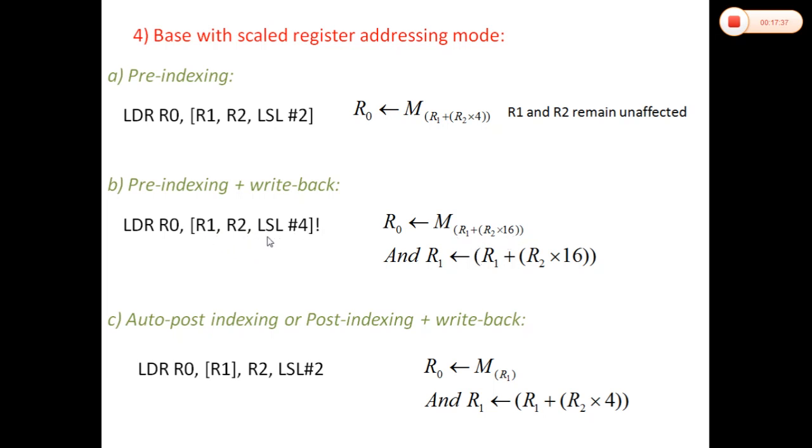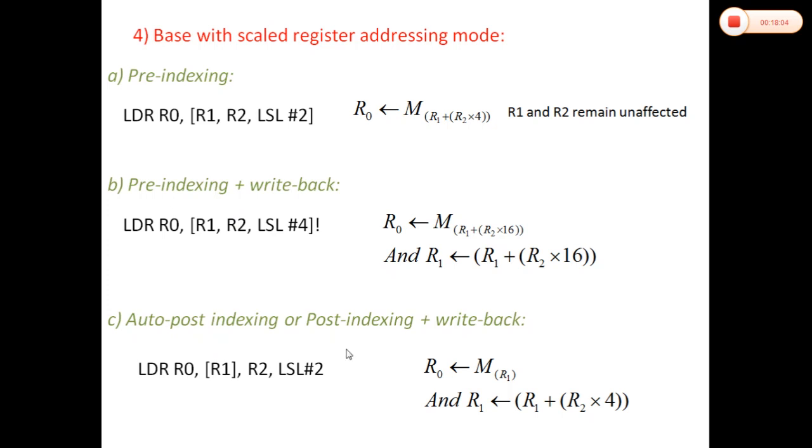Here it is a logical shift left by 4-bit positions, so effectively it is multiplied by 2 raised to 4, that is 16, and it is added to R1 to generate the final address. The corresponding data is copied into register R0, and after that R1 is modified with this new address. The new address is stored in R1, so it's a write back operation. This is pre-indexing, so it is pre-indexing plus write back.